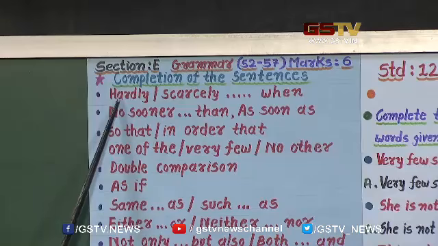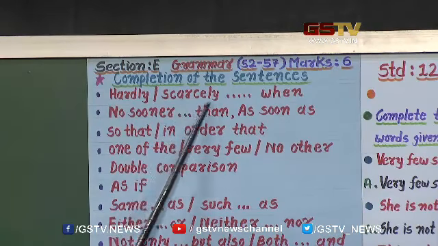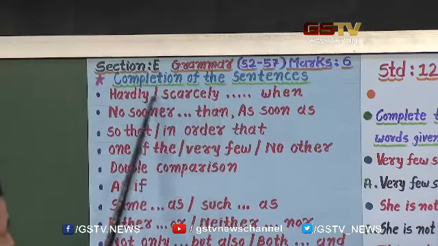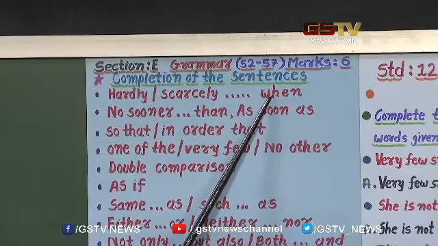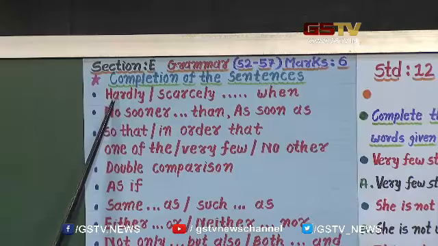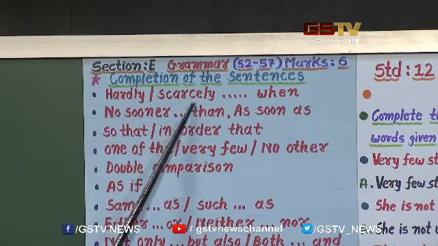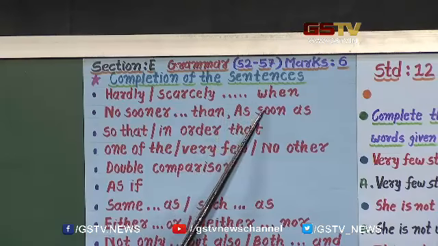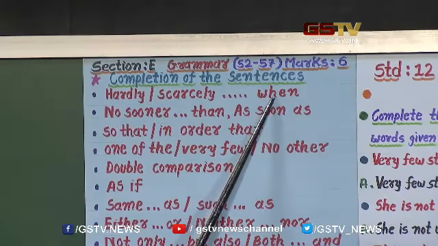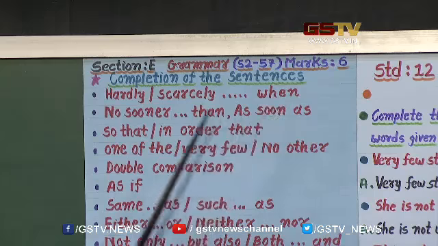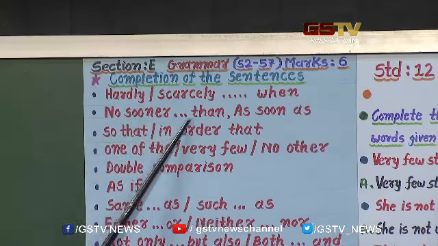First and foremost, repeatedly it is asked: hardly, scarcely, barely, and for these we use conjunction when. You would be given half of the sentence starting with hardly, scarcely or barely, and you have to complete that sentence using conjunction when. Second one is no sooner than.